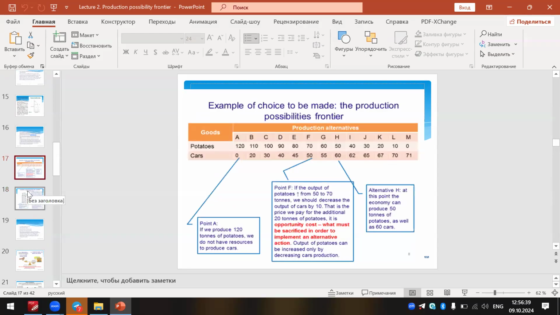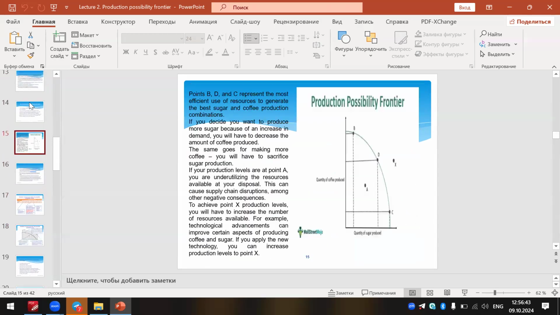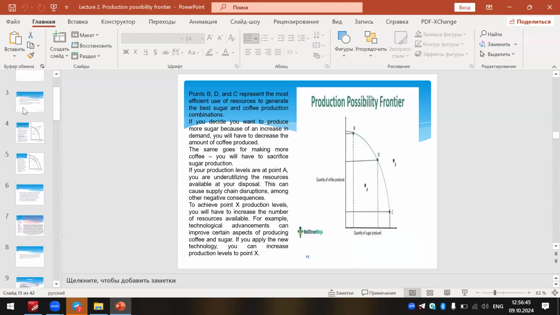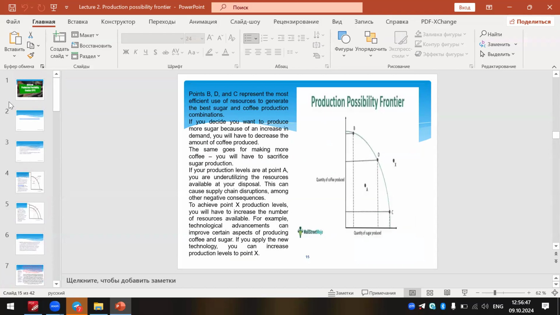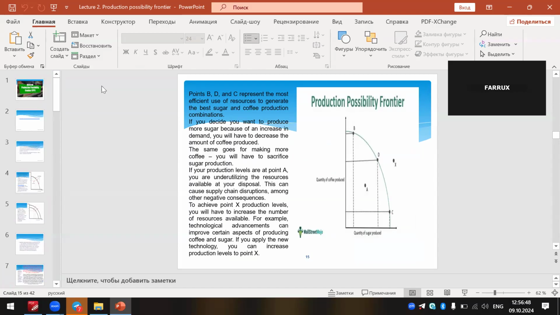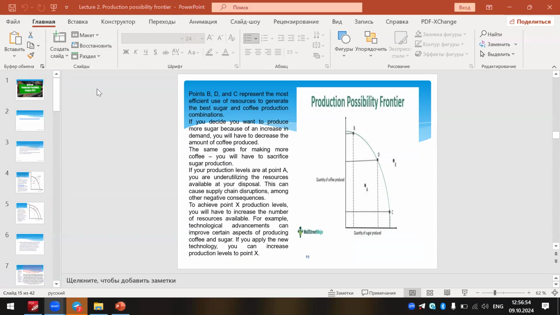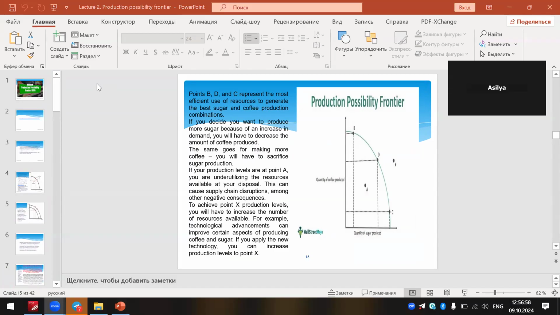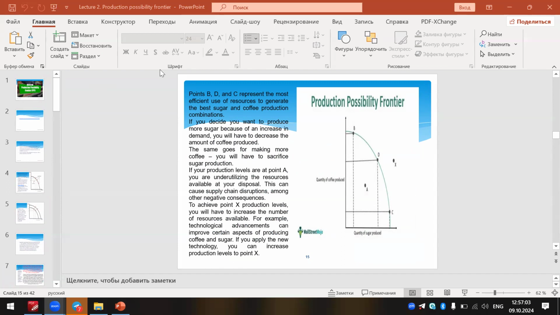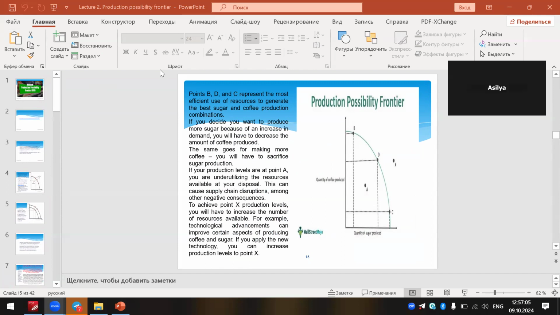Any questions today about the production possibility frontier? No, I have no questions. Any questions? Asilia? Will you send the homework to the group or to our website? We have one site.